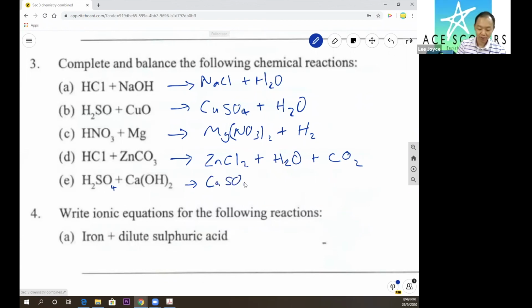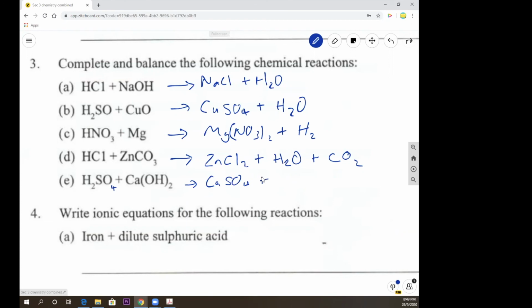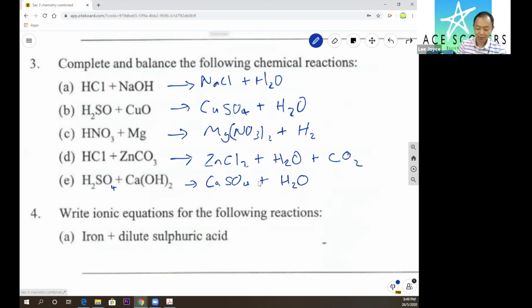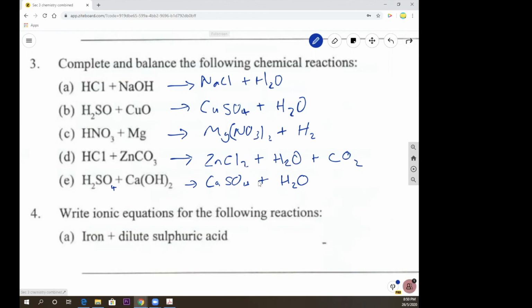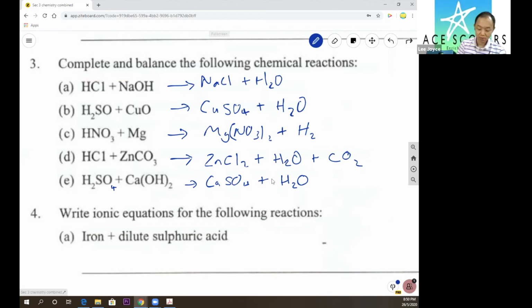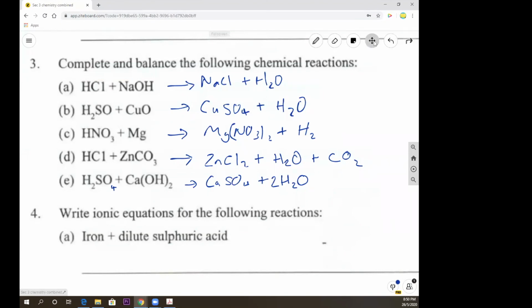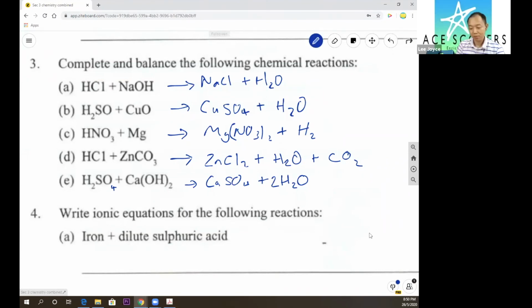Calcium sulfate plus H2O. Awesome, man. It's correct. But this one not balanced. 2 of H2O, so become 4. Wow. Yeah, correct. Wow, makes the teamwork. O level pass already.